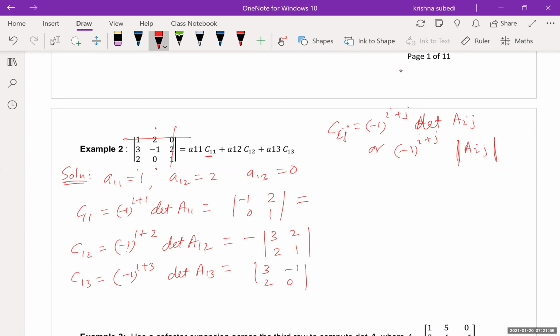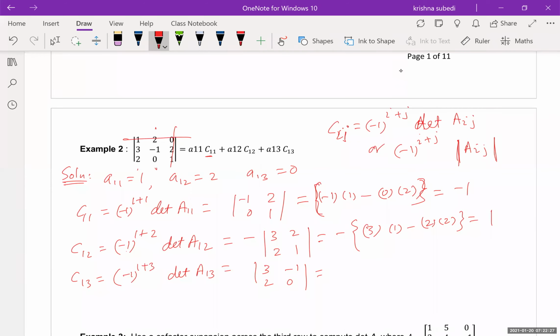So let me calculate what is that. So this means negative 1 times, you already know how to find the determinant, negative 1 times 1 minus 0 times 2. So that is your determinant, which gives me negative 1 there. This means negative 3 times 1 minus 2 times 2, which gives me negative 1.